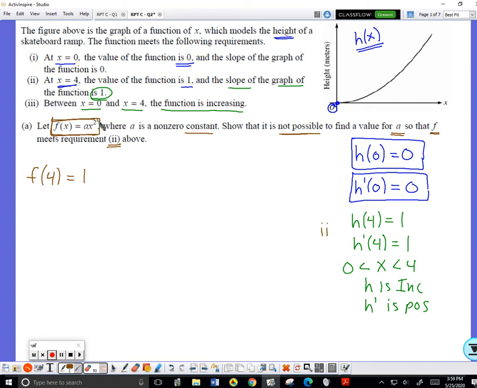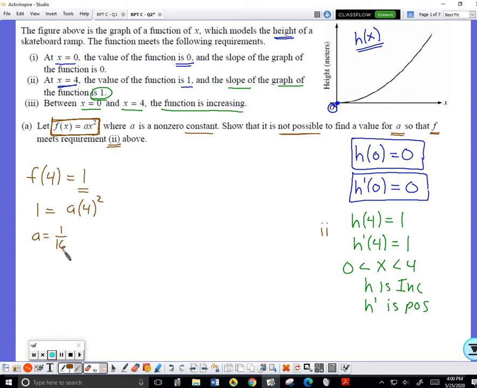So here's my formula for F. Let's try it out. That means 1 would have to equal A multiplied by an x value of 4 squared, which means, rearranging, A would have to equal 1 over 16.